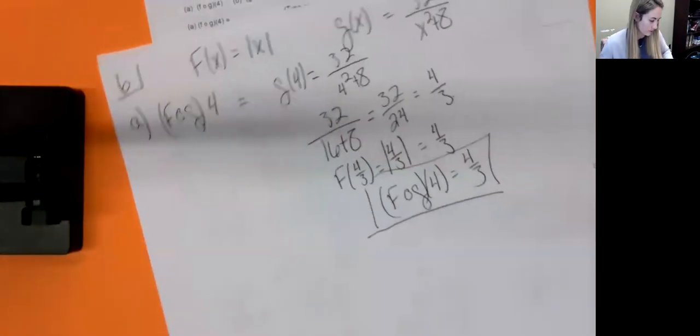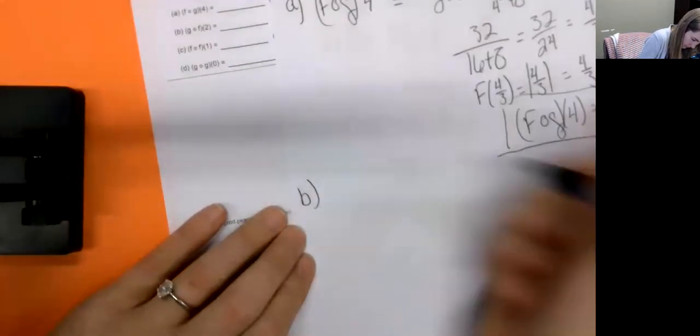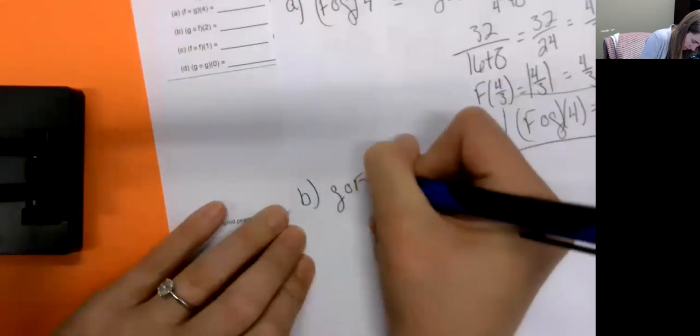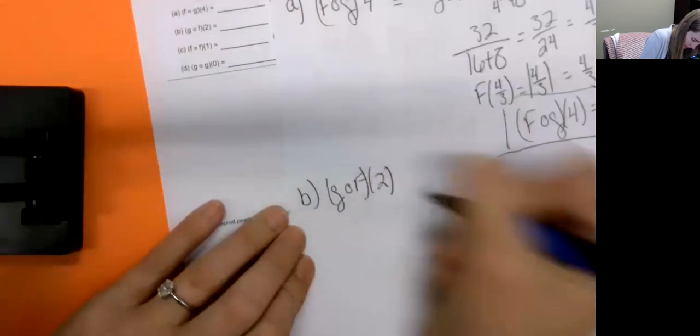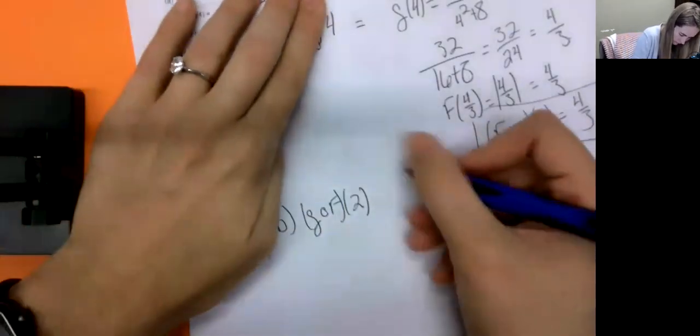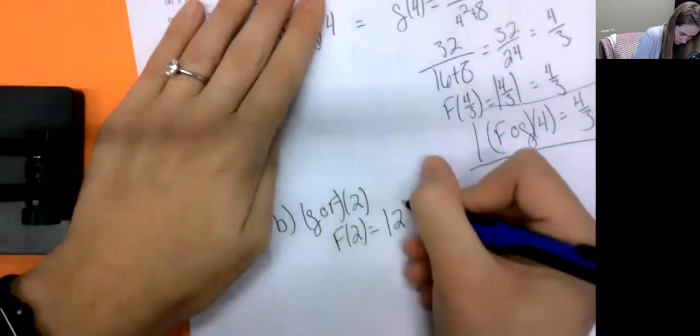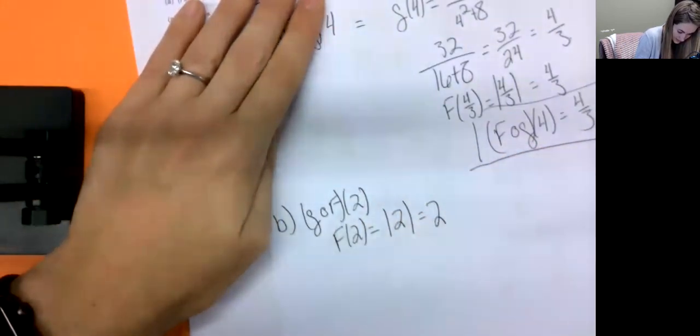These might take up more space than the last one. B, g of f of 2. So we're going to substitute 2 into our f function first. So we have f of 2 equals the absolute value of 2, which is 2.